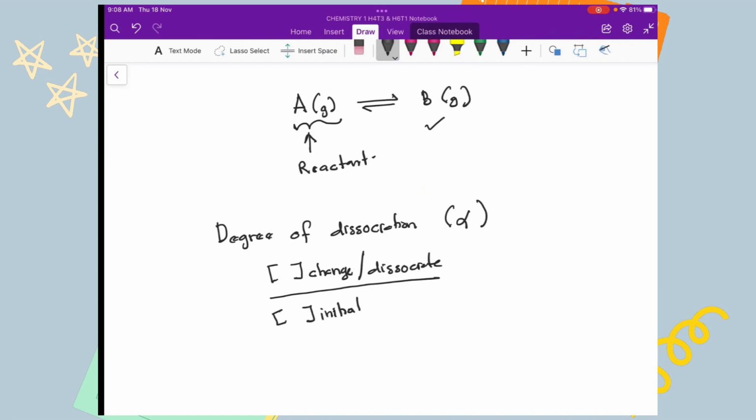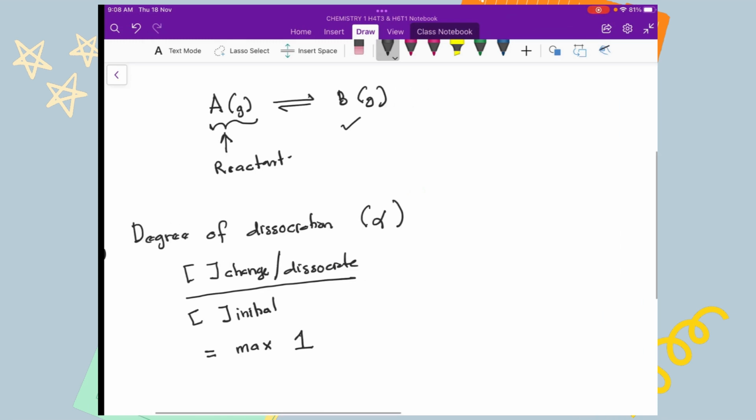If all the reactant is converted to the product, or if all the reactant dissociates, we get the maximum degree of dissociation, which is 1. That is the first technique.